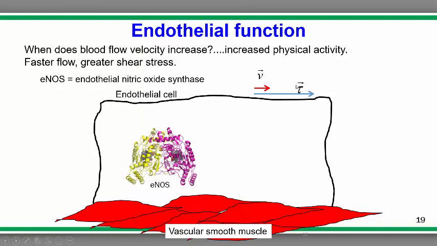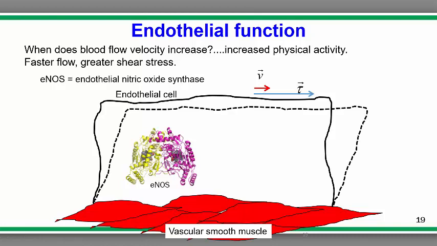And Greek letter tau is the symbol for friction or shear stress. So right against the vessel wall, we see very high shear stress, that friction causing blood to flow very, very slow.